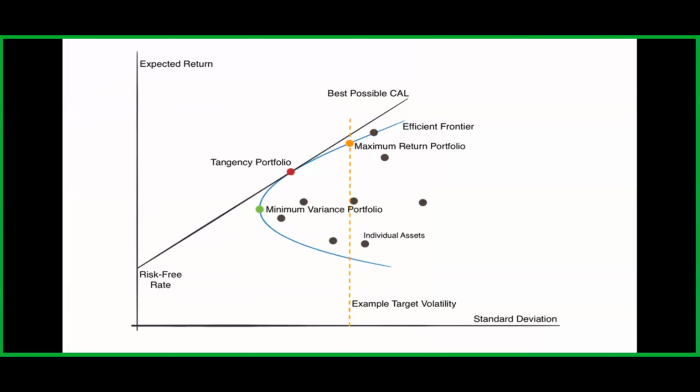That means when you take zero risk, you get that much return. When we increase the risk, that is the standard deviation, your expected return increases because the graph is moving upward.